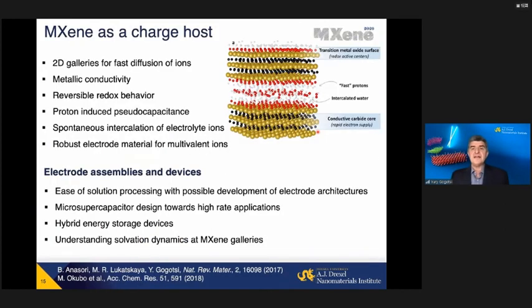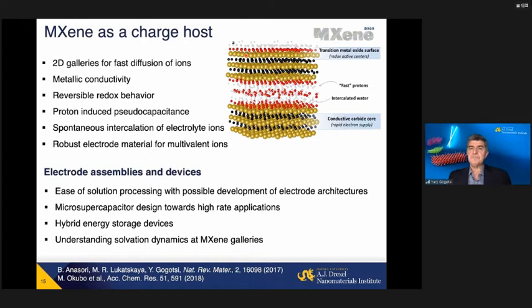So why are they attractive? First, as I mentioned, they are highly conducting. They're actually probably the most conducting of materials used in energy storage, at least titanium carbide MXene. But their surface looks like transition metal oxide, hydroxide, fluorides.